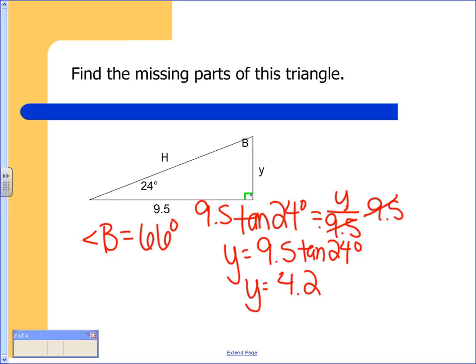Do you agree? Any questions there? I solved for Y. I'm multiplying both sides by 9.5. Any questions on finding the Y?